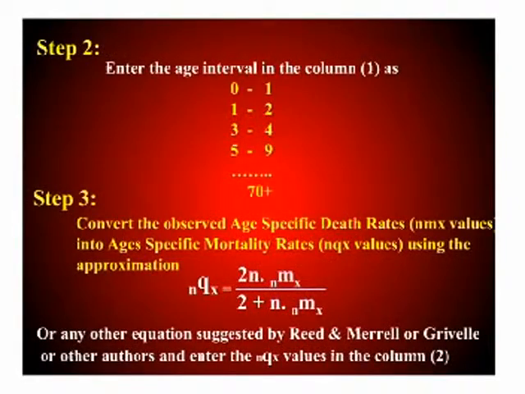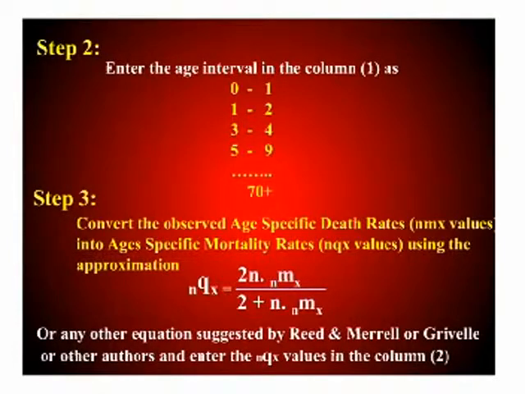Step 2, enter the age interval in column 1 as 0 to 1, 1 to 2, 3 to 4, 5 to 9 and so on. The last age group, an open interval, may be 65 plus or 70 plus.